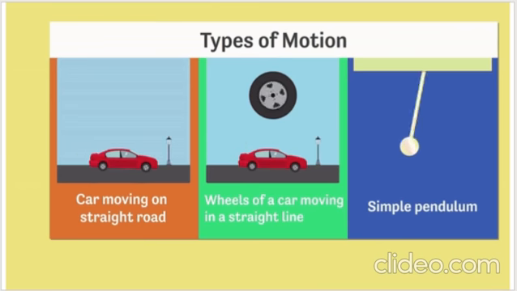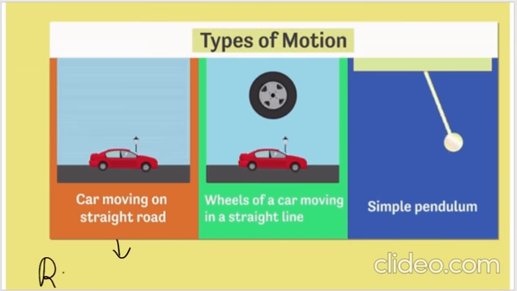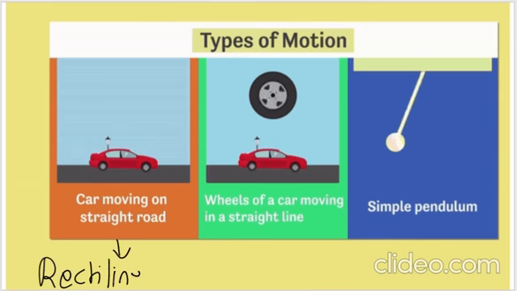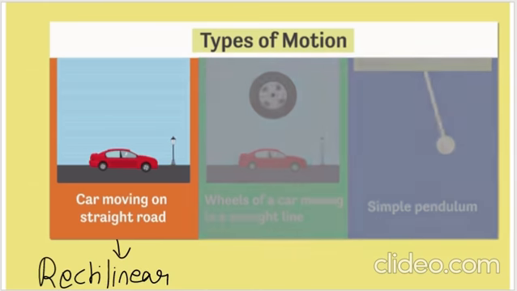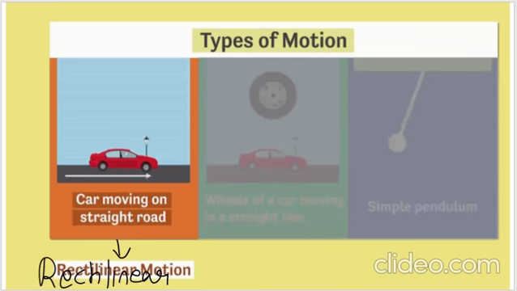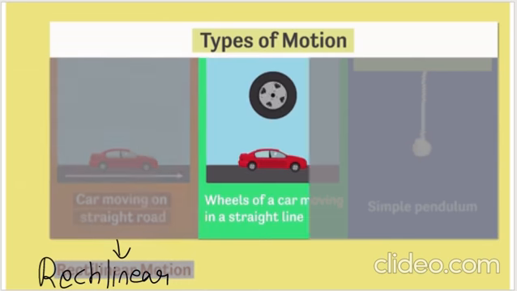Next, as we understood, a car moving on the straight road, what is it? It is rectilinear motion, correct? When the car is moving on the straight road, that's rectilinear. Now, what about the wheels? Do they have any axis?